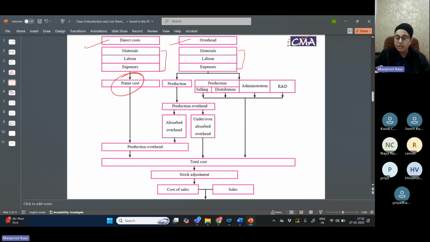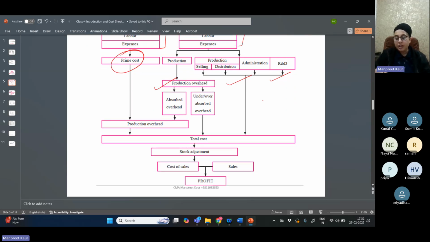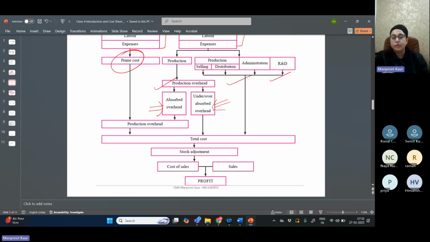Indirect material, labor, and expenses are production overheads, admin overhead, R&D overhead, and selling and distribution overheads. In the last class, we had discussed absorbed overheads and under and over absorbed overheads, which relate to production overhead.